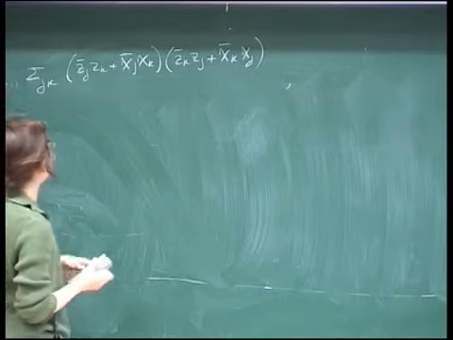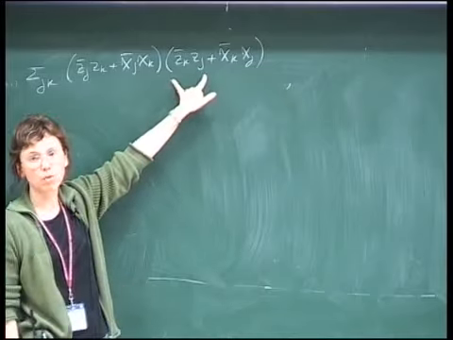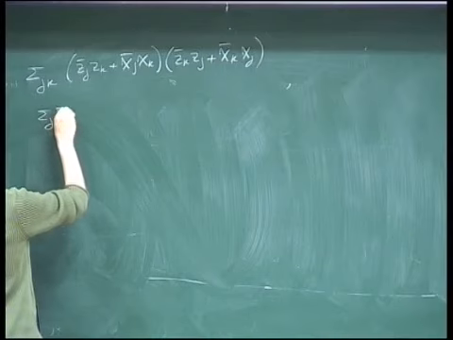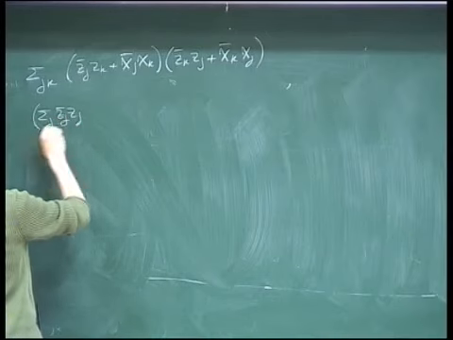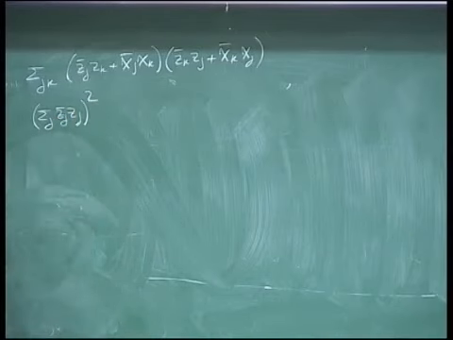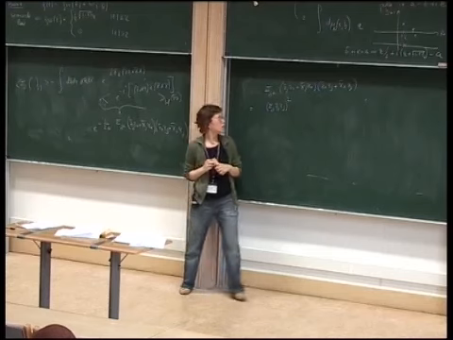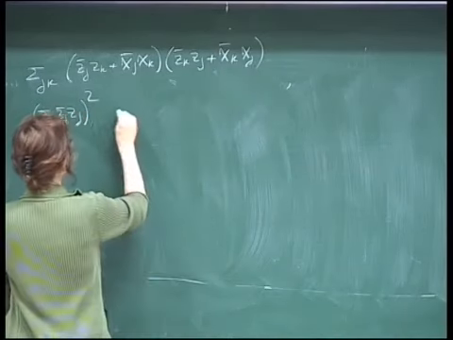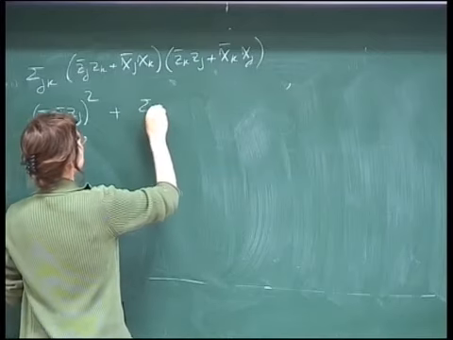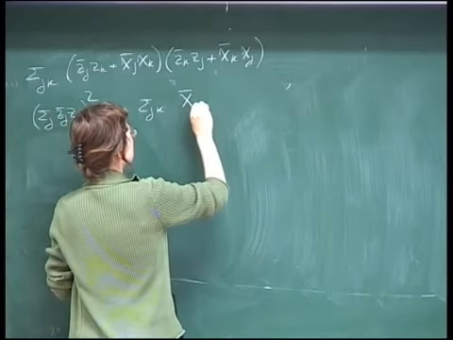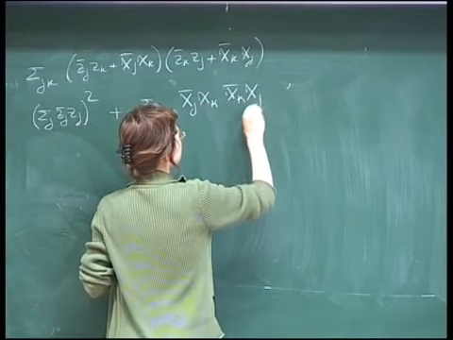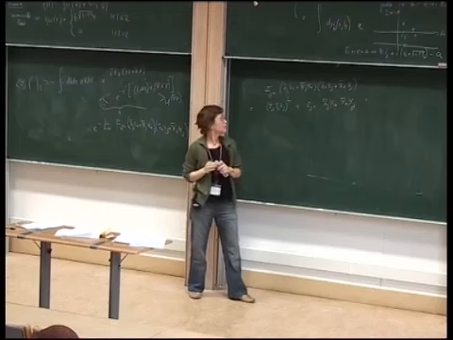The first term is the product of these two, and we know it already. It was sum over j, z plus j. That's as before. Then we have the product of these two terms. So we have sum over jk, and then finally the mixed term.